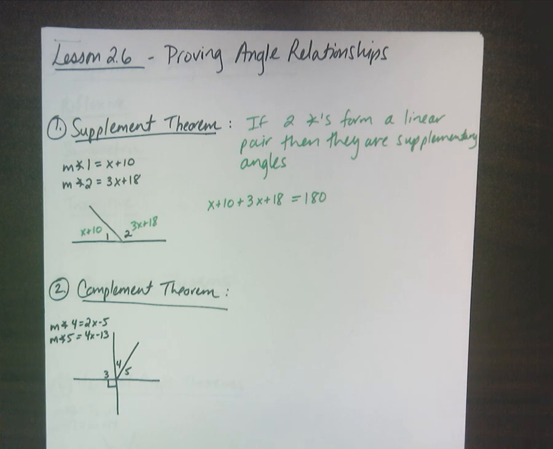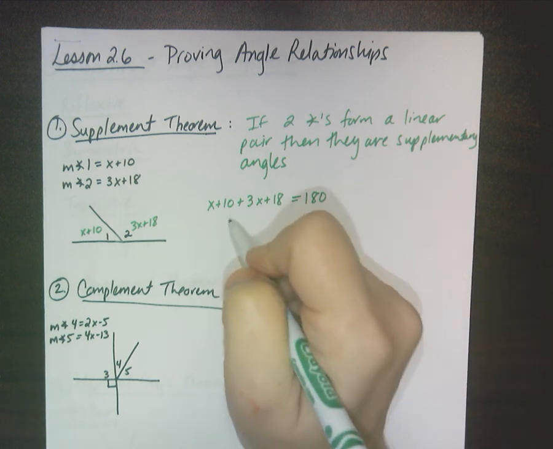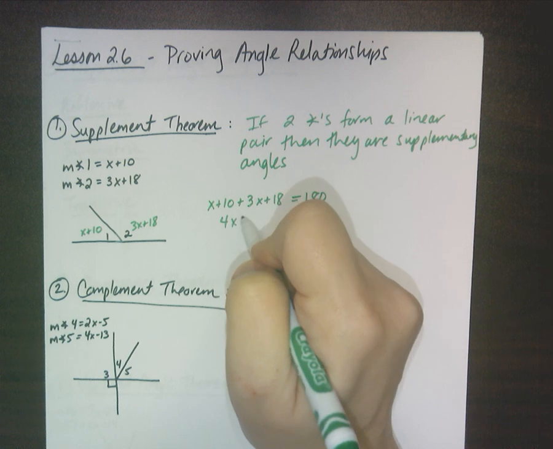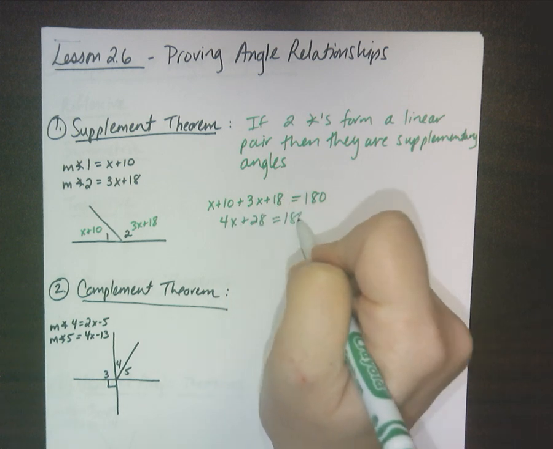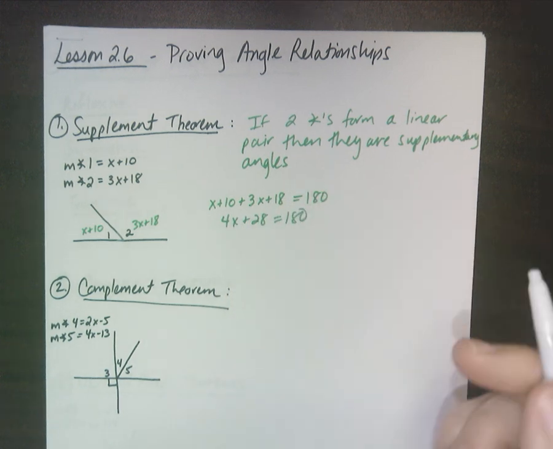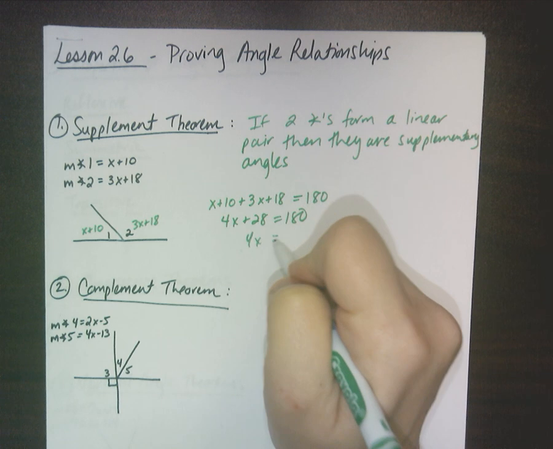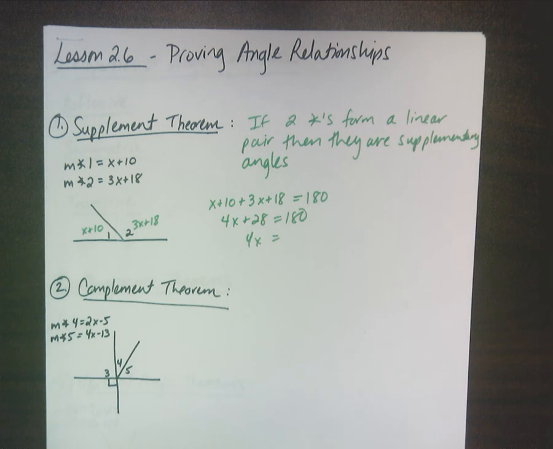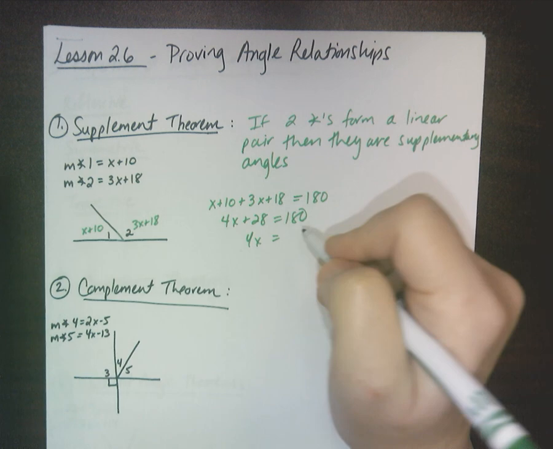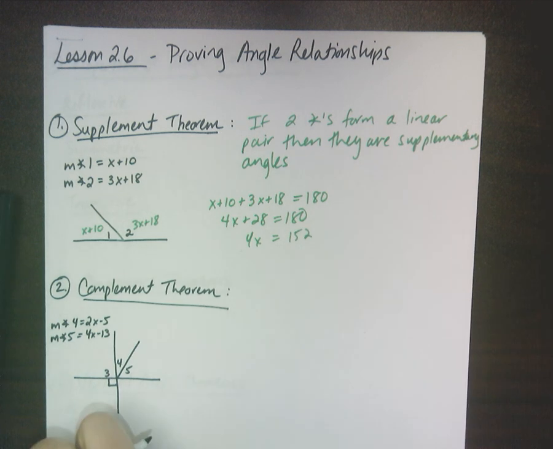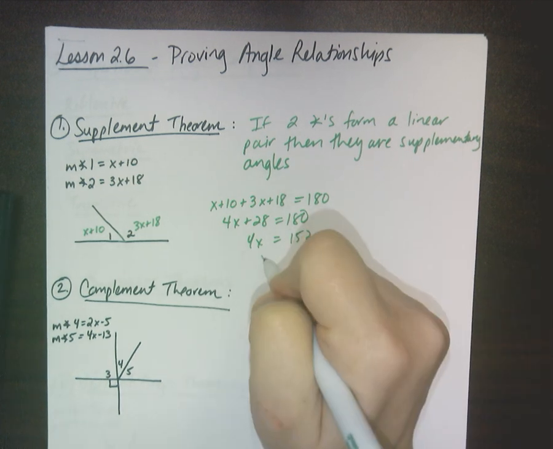They're supplementary to each other. And then I do want you to solve for this. So this would be 4x plus 28 equals 180. And then 4x equals 152. Divide by 4, and you get x to be 38.